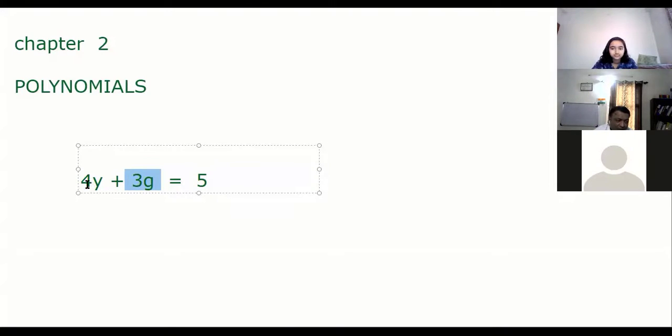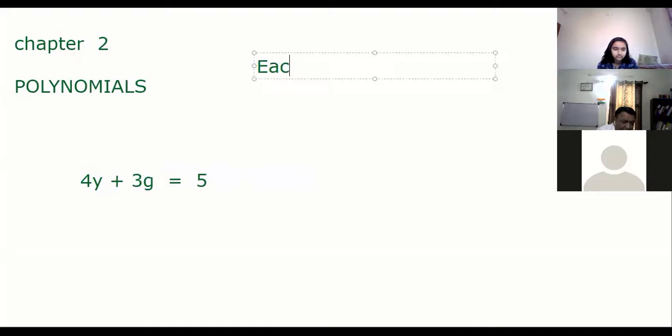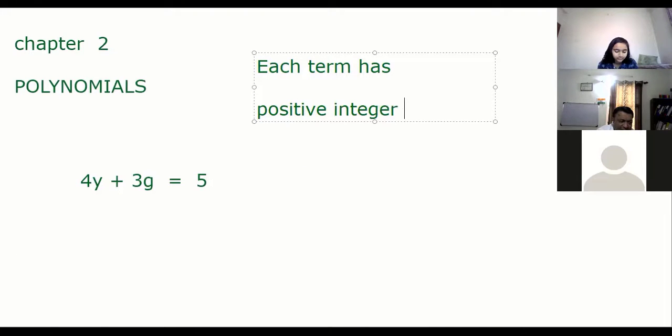So look, what is the power of y? 1. What is the power of g? 1. So it's a polynomial. The point is, each term has a positive integer as its power. That is a polynomial.